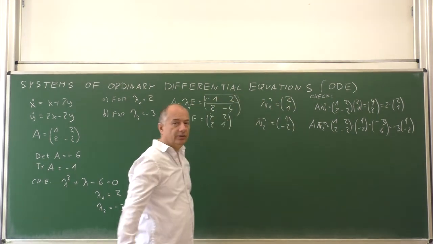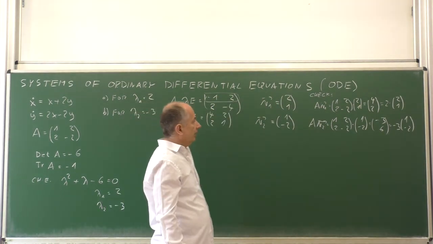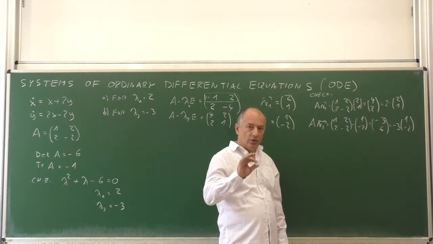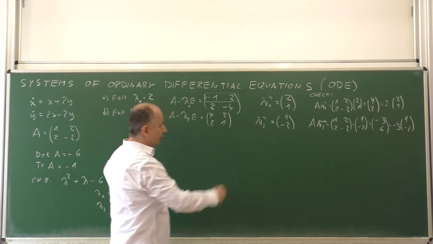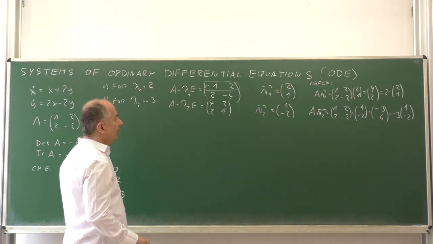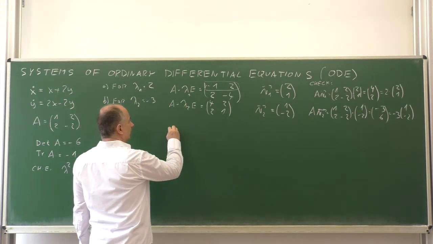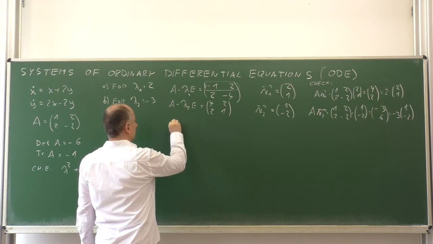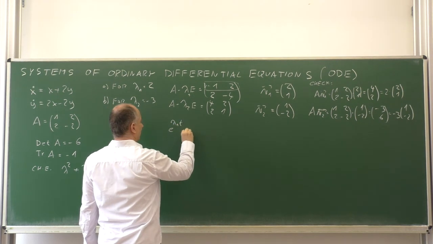And this is exactly the definition of an eigenvector, together with the condition that an eigenvector must be non-zero, which is true.